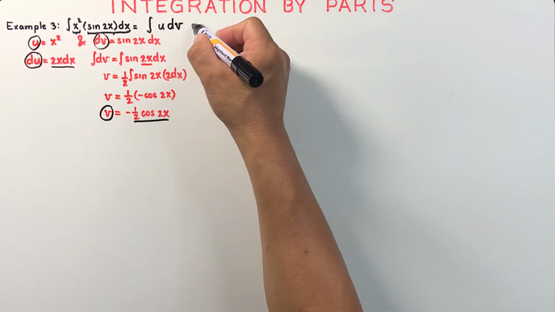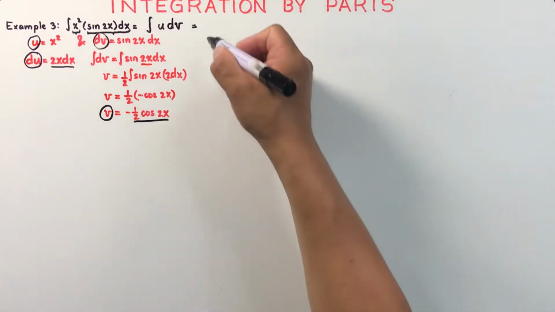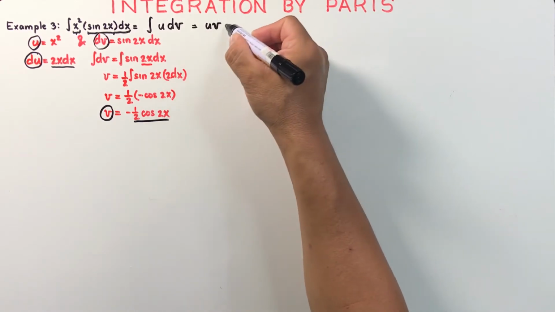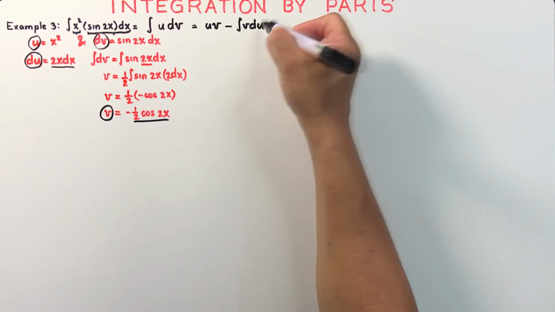And according to the formula for integration by parts, we have the integral of u dv is uv minus the integral of v du here.